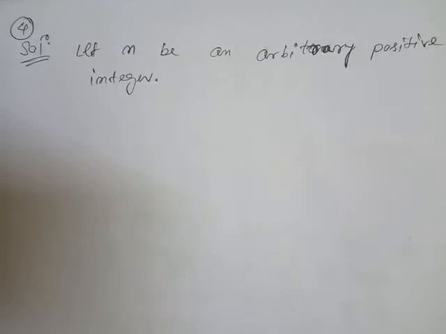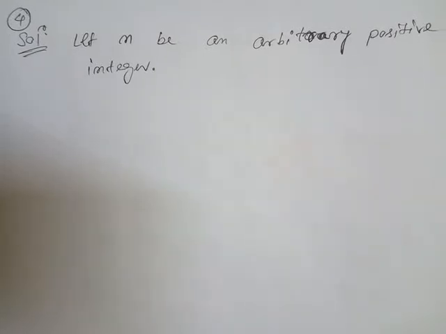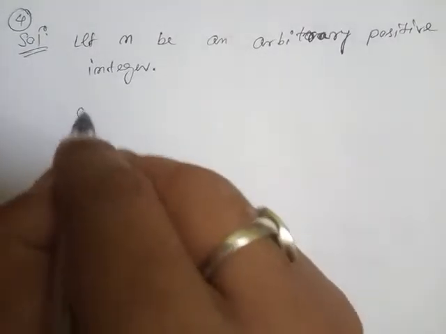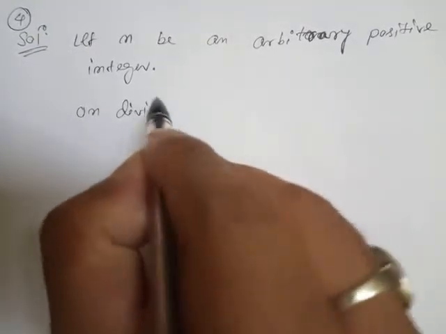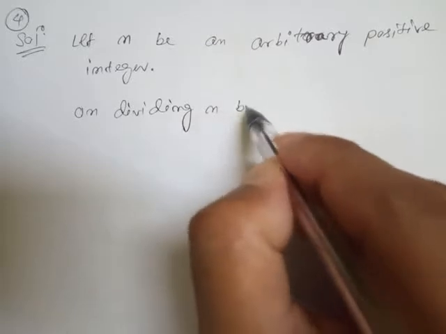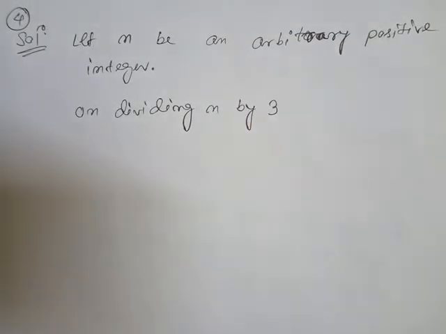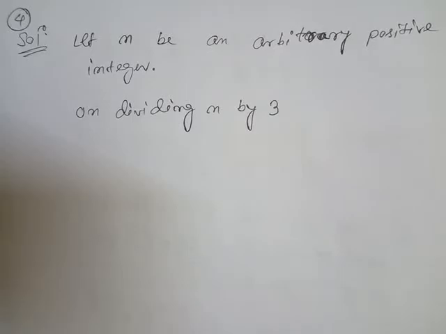Arbitrary means any positive integer. Let us take x, y, z or a, b, c, whatever may be, any positive integer. So arbitrary meaning is any positive integer. Next one, on dividing n by 3. Why have I written here 3? Wait, I am just going to show you why.